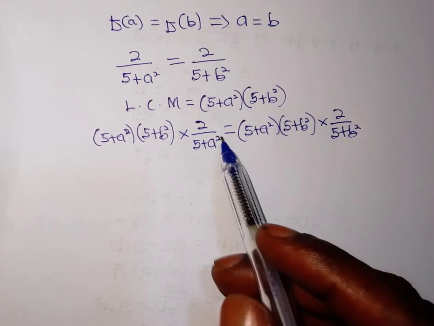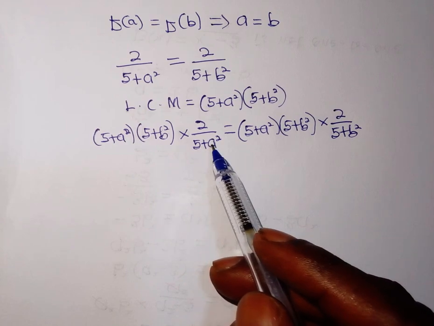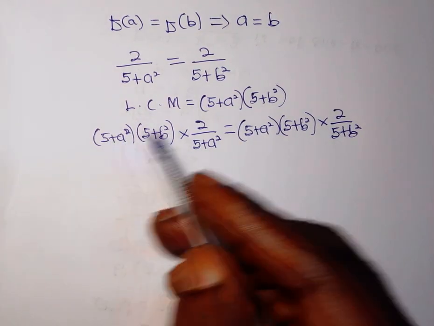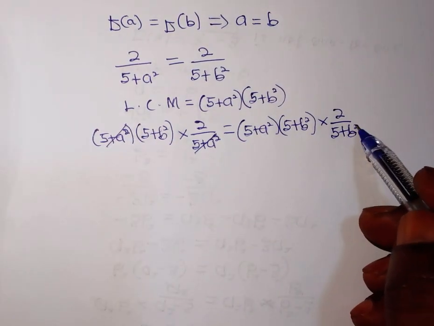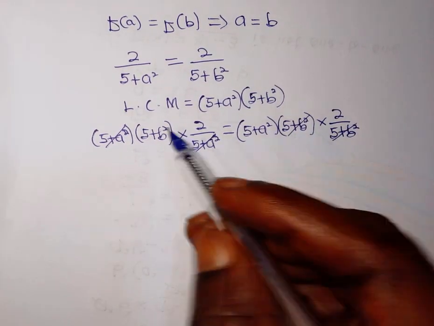Great. So let me just look at it. You realize that we have 5 plus a squared, which is common here also, so we can cross this out, and when you come here we can also cross this out, leaving this behind.